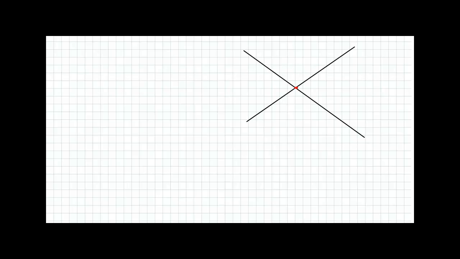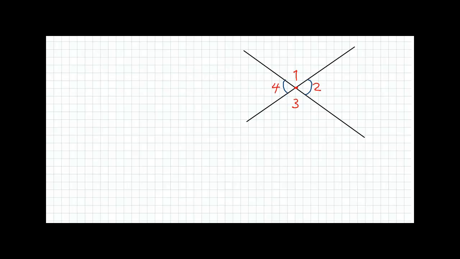Now, if we have two intersecting lines, they will intersect at a certain point, and also they will divide the plane into four angles: angle 1, angle 2, angle 3, and angle 4. Each two angles opposite to each other, we call them vertical angles, and they are equal.